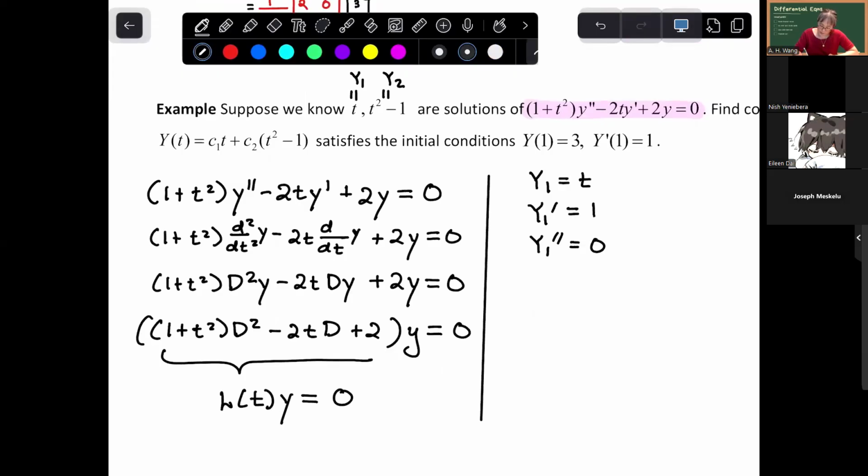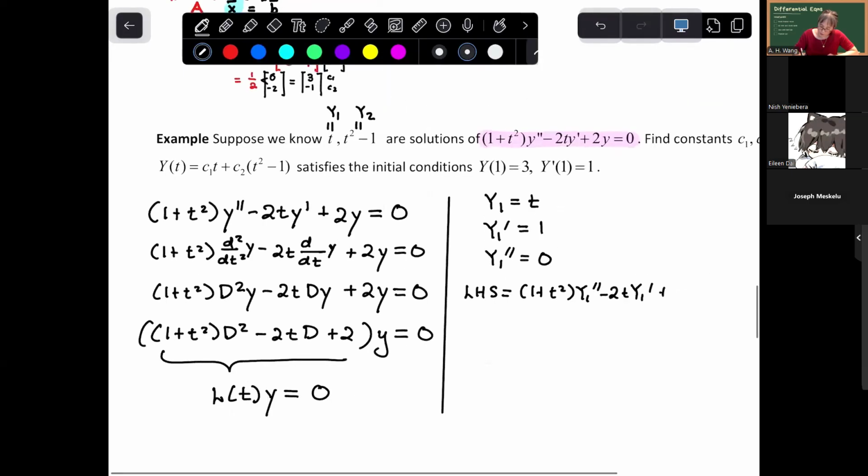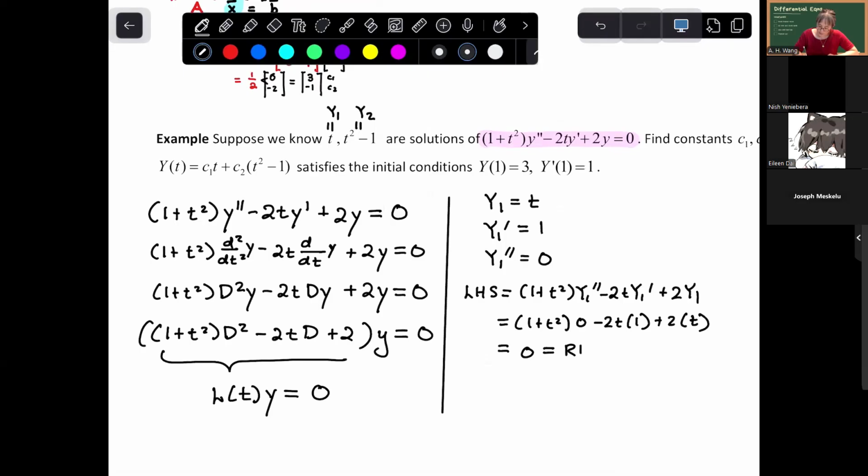Then you go left-hand side, plug this in, and copy 1 plus t squared, y1 double prime, 2t y1 prime, plus 2 y1. Then 1 plus t squared times 0, 2t times 1, plus 2 times t. And you can see that this is going to be equal to 0, and that's the right-hand side.